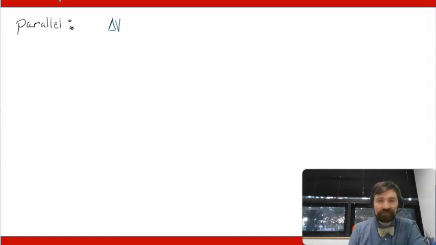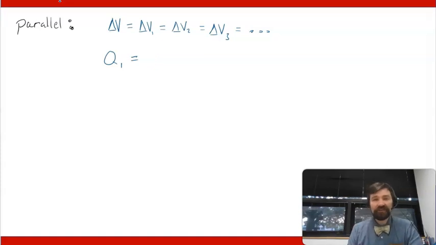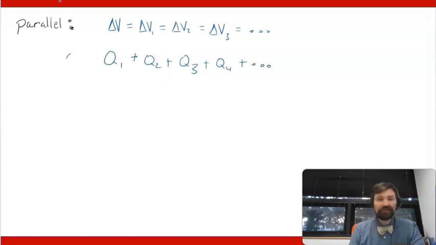So we could say something like delta V is delta V1 is delta V2 is delta V3, etc. The charges stored, on the other hand, are going to all be different. But if we were to add them together, Q1 plus Q2 plus Q3 plus Q4, etc., then we would get essentially Q total.